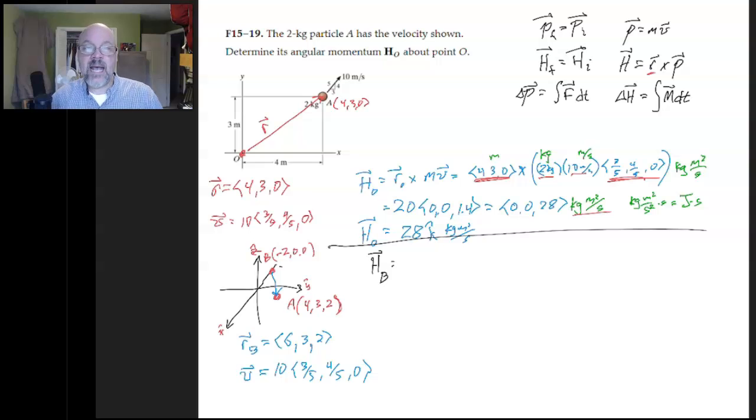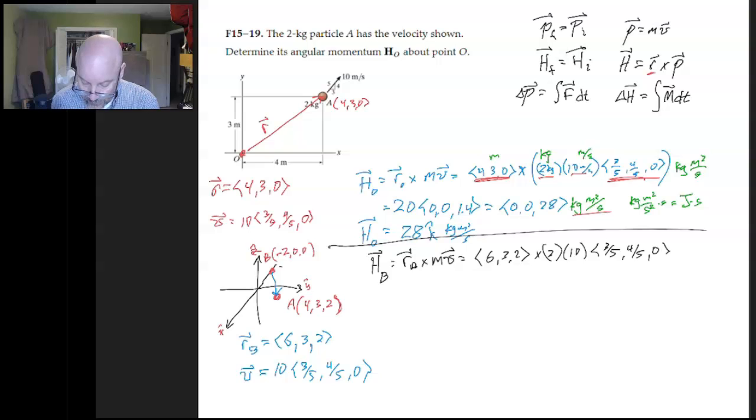Now let's find the angular momentum about the point B. So we'll have R B crossed with MV. We put in our R value, 6, 3, 2, and cross that with 2, our mass, times the 10, and then our vector notation, 3/5, 4/5, 0.